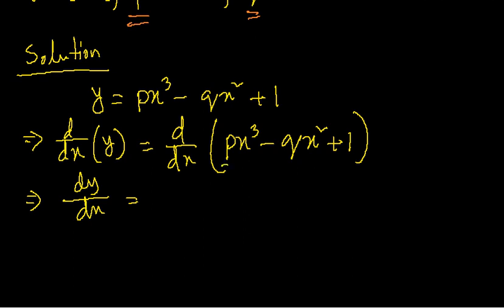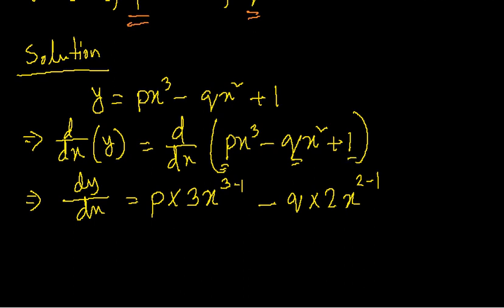here p is a constant, so p will be here, into 3, the power of x, so this 3 will be here, and the power of x will be reduced by 1, so 3 minus 1. Then minus, q is a constant, so q into 2, the power of x, so this is the 2, then the power of x will be reduced by 1, and the differentiation of a constant is equal to 0.